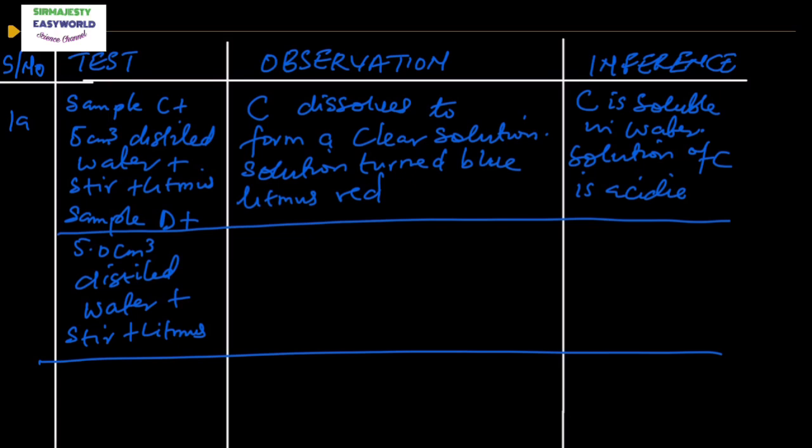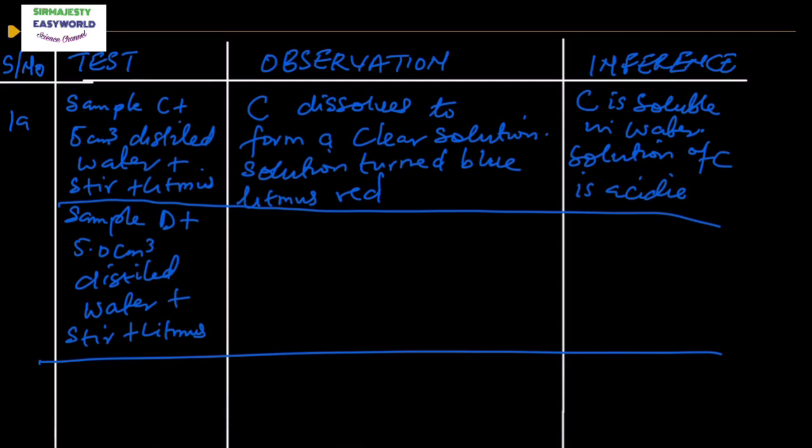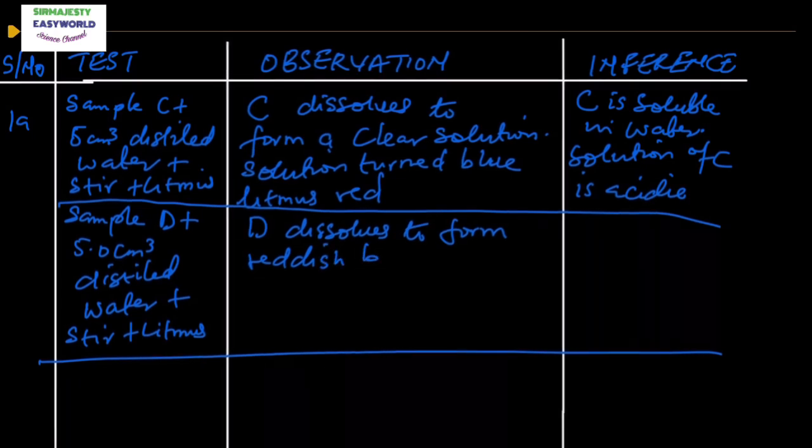Got that? So we come to the second part, exactly the same thing, but it's not going to be a clear solution. Remember, D, okay, the line was a wrong ruling. I didn't rule where I was supposed to. This line should be somewhere here. Yeah, sample D plus water, this time around is going to give us a brown solution. D dissolves to form a brown or reddish brown solution.